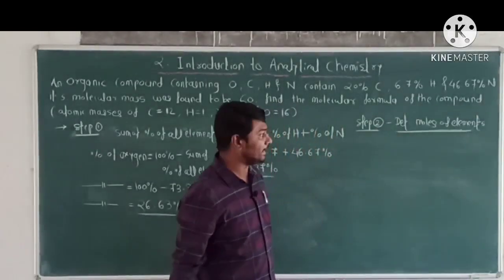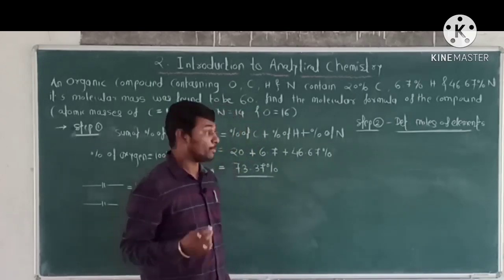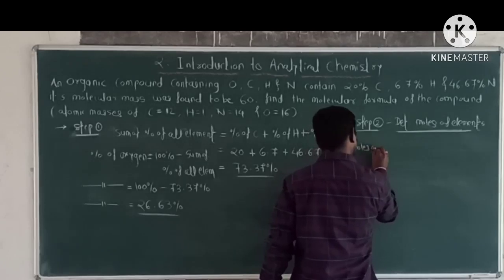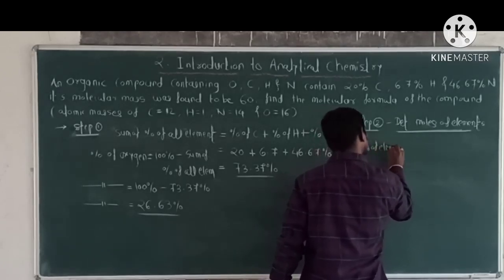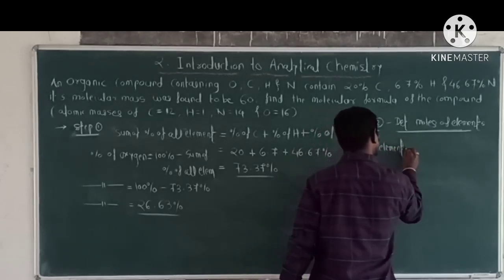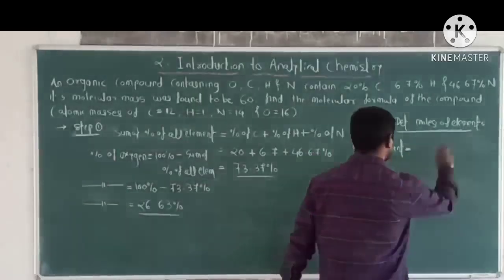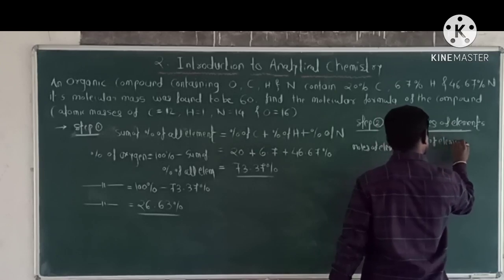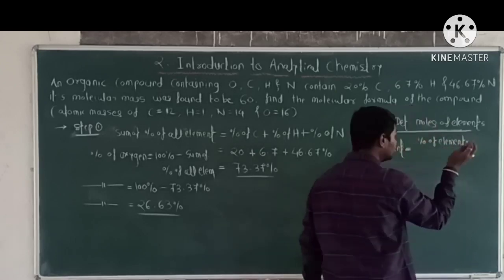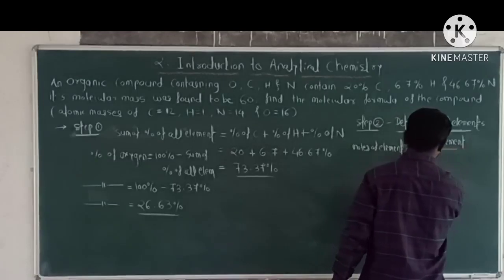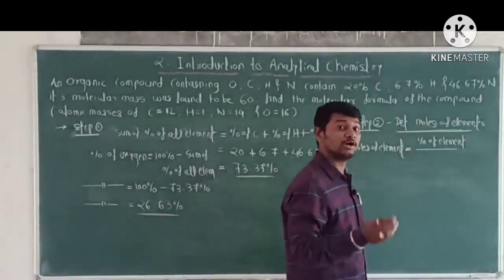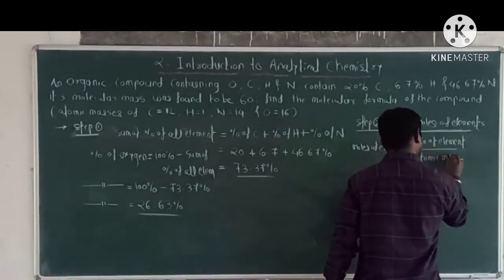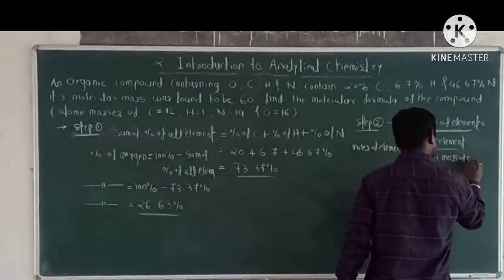The moles of an element are determined by using this equation: moles of element is equal to the percentage of the element, which is given in the numerical, divided by the atomic mass of the element.